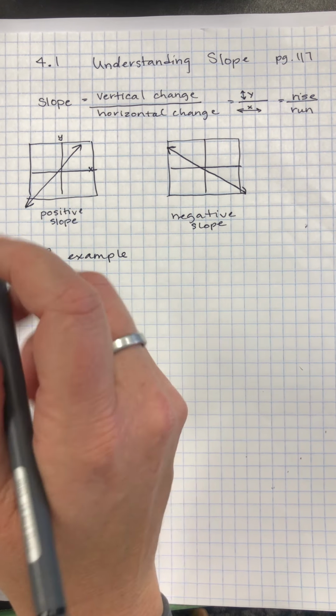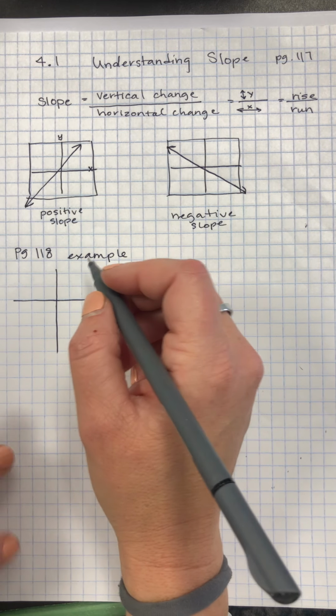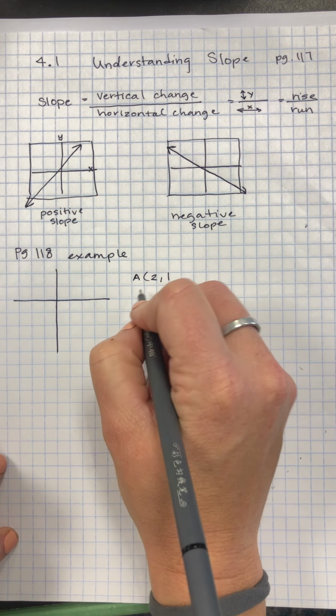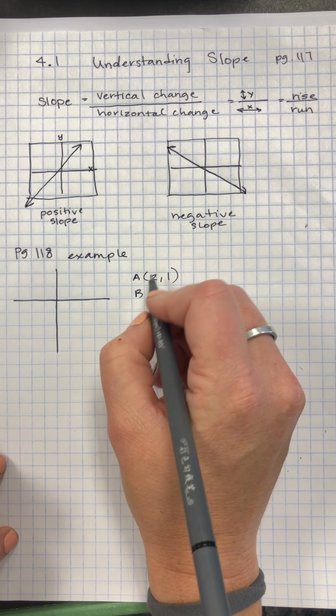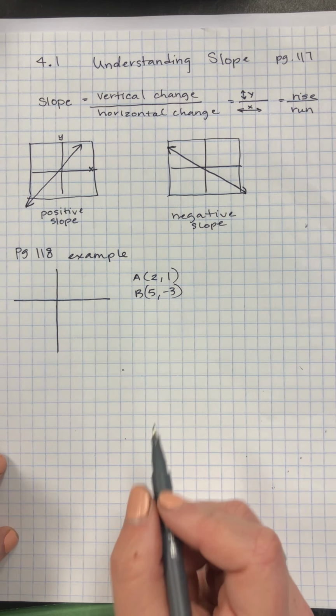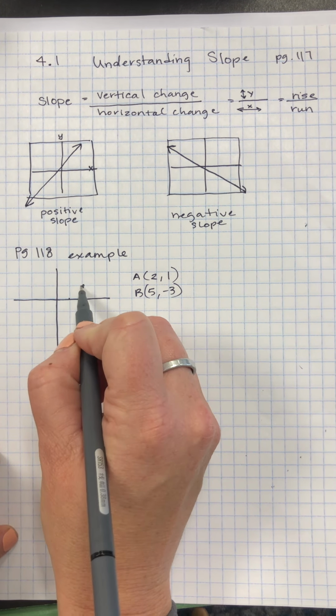Can you draw this? If it's going to be helpful to you, you may. Point A is at 2, 1, and B is at 5, negative 3. So the first one, over 2, up 1, here is A.